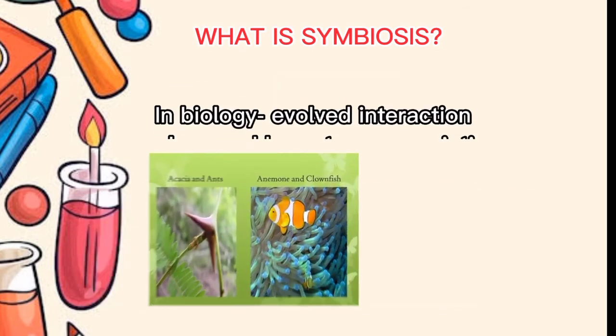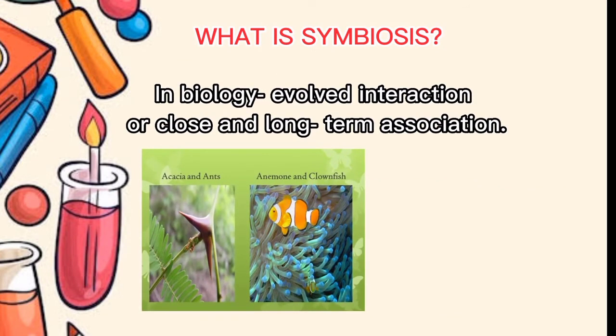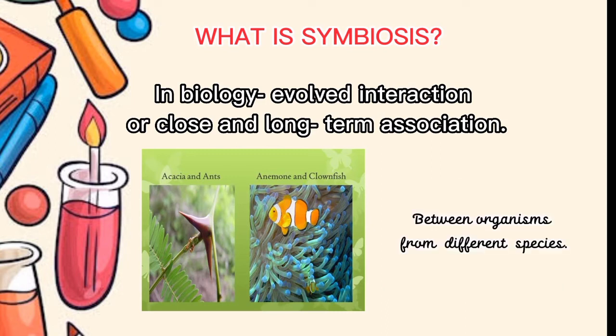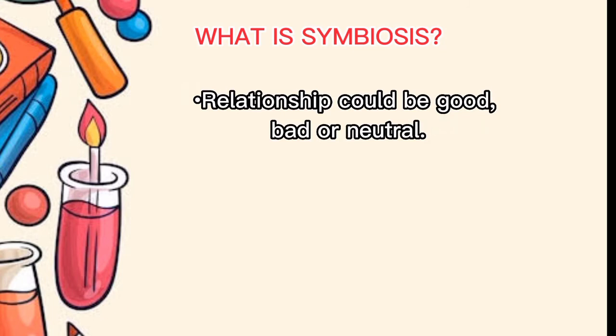In biology, the term symbiosis is an evolved interaction or close living relationship and long-term association between organisms from different species, usually with benefits to one or both individuals involved, or cooperating to help each other in order to survive. The relationship in symbiosis could be good, bad, or neutral for either partner.